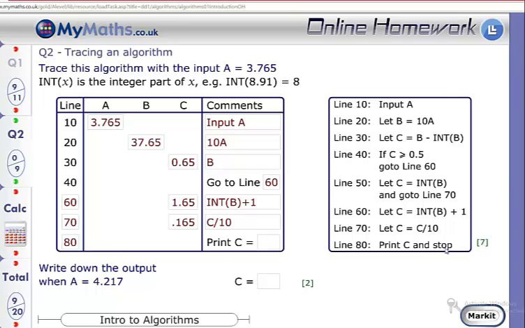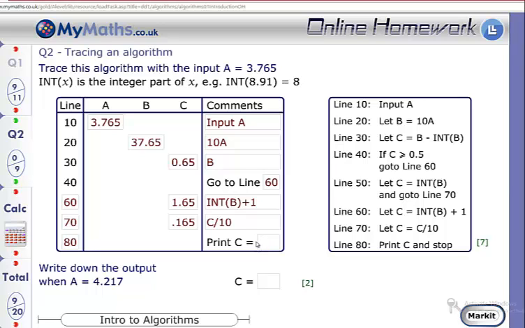I was going to put stop, but so what would this be? So 80 is just print C and stop. Okay, fair enough. So what do you got to put in there? What's C at the moment? So print C equals 0.165. No.